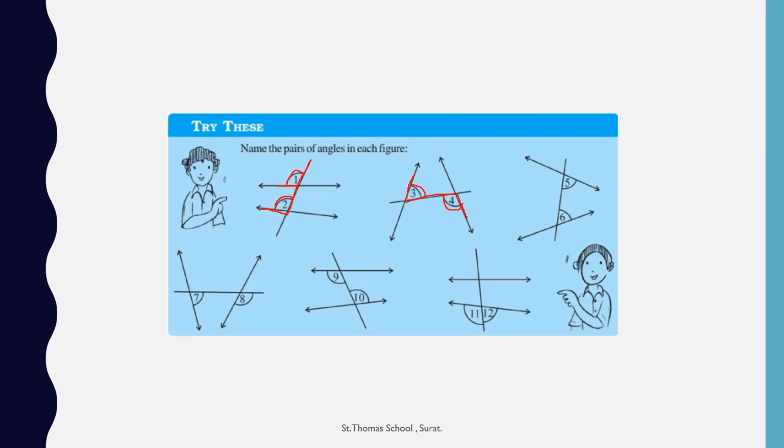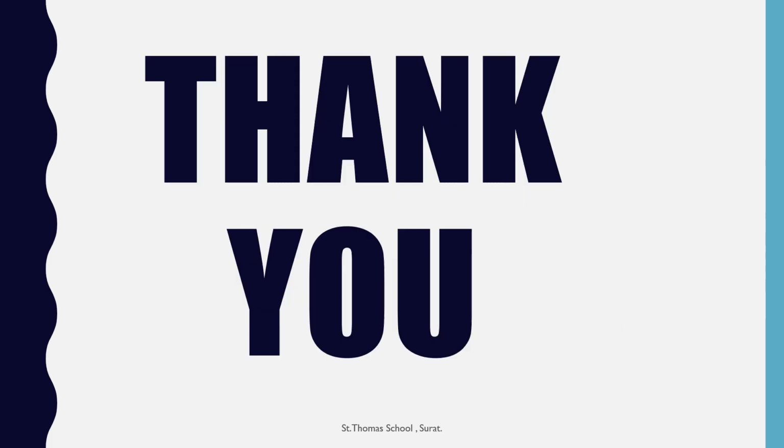So in the case of corresponding angles, the shape will become F, and in the case of alternative interior angles, the shape becomes Z. So Z means alternative interior angle, F means corresponding angles. Is it clear? Students, we will continue this lesson in the next video.